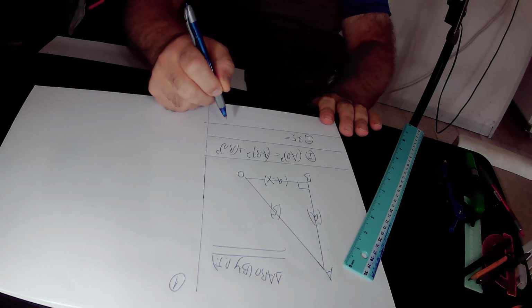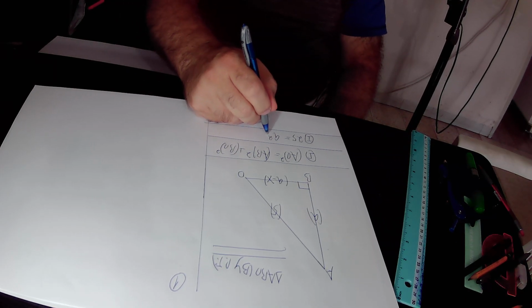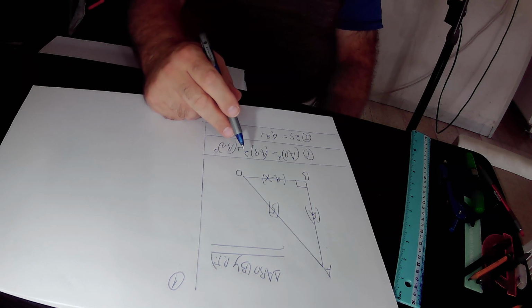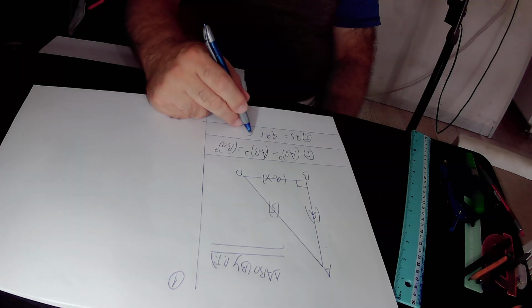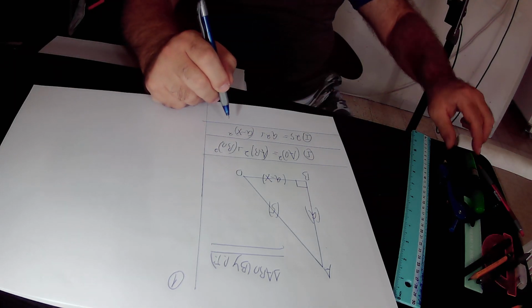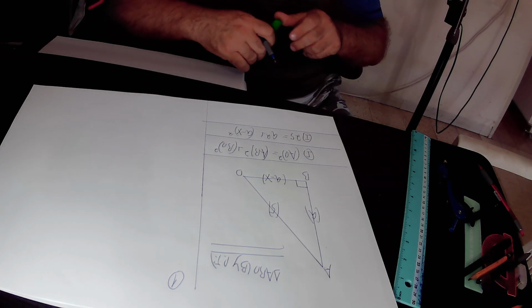And it is equal to AB squared. AB is A, therefore AB squared is A squared, plus BO squared. BO equals A minus X, therefore BO squared equals A minus X squared. So in total, according to equation 1, we found out that 25 equals A squared plus A minus X squared.